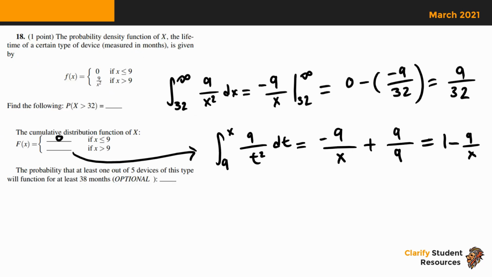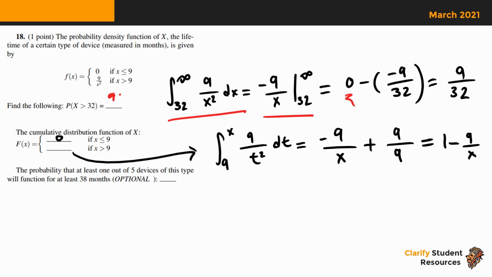All right, for question 18, we're going to have the first part, which is P(X) greater than 32. That's basically saying the probability from 32 to infinity, which is what we get here. When we integrate it, we get negative 9 over x. We plug in infinity, we get 0, and we plug in 32, so we get negative 9 over 32, which is equal to 9 over 32.